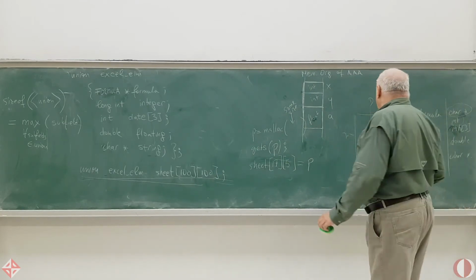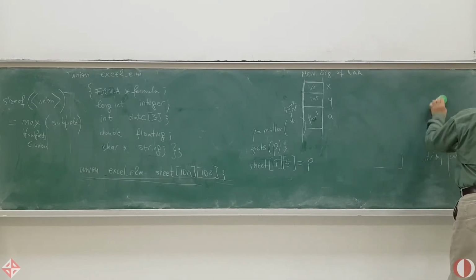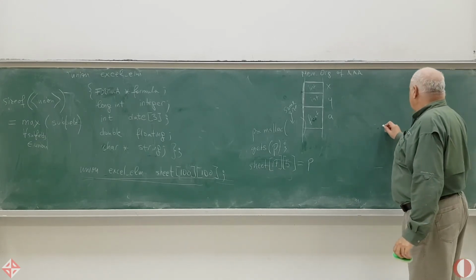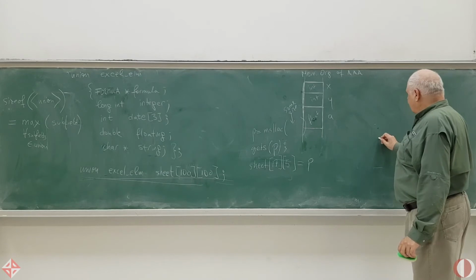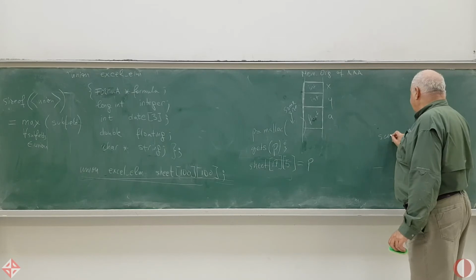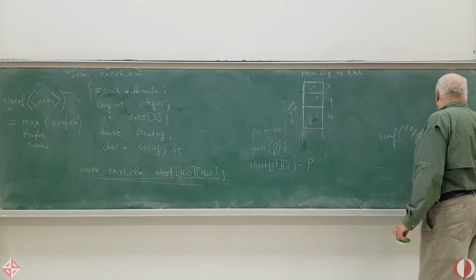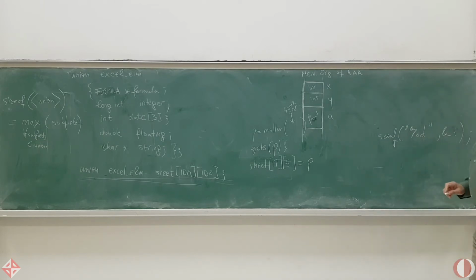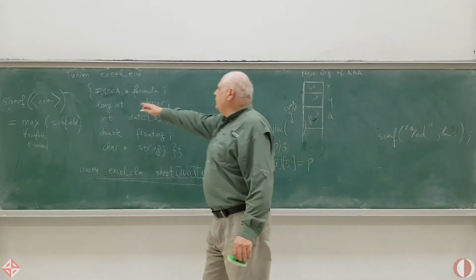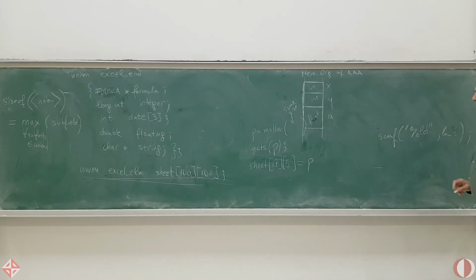If you would have read an integer, let's say, and scanf you got integers. By the way, we said long integers, so it should be %ld.